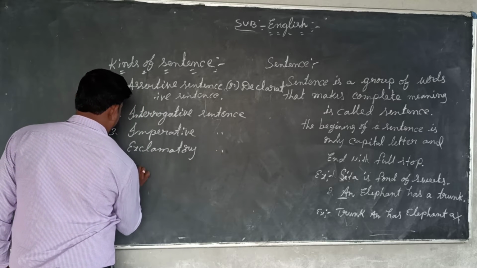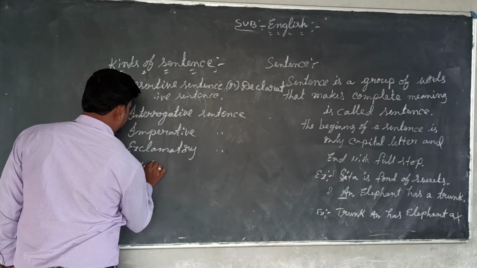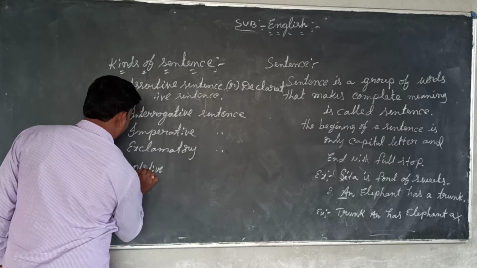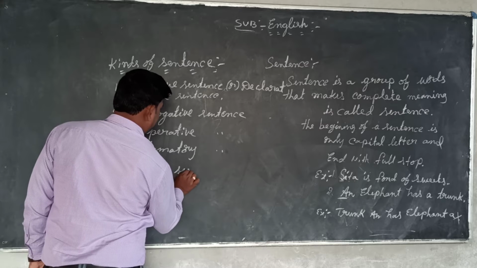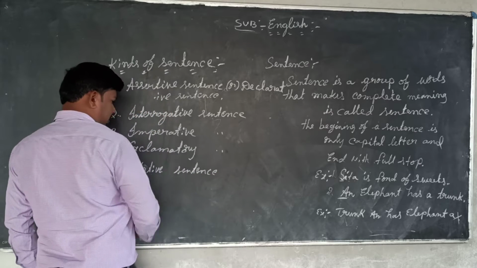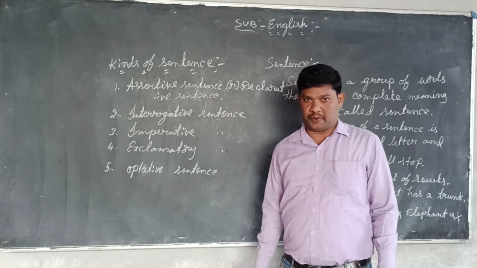And the fifth one, the last one, is the optative sentence, O-P-T-A-T-I-V-E. So these are the 5 types of sentences we have in English grammar.